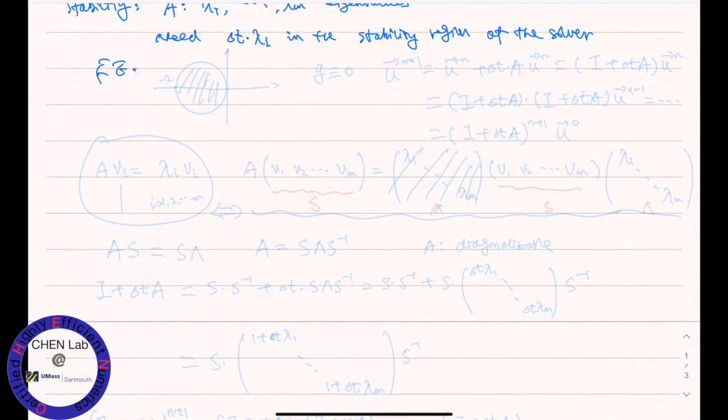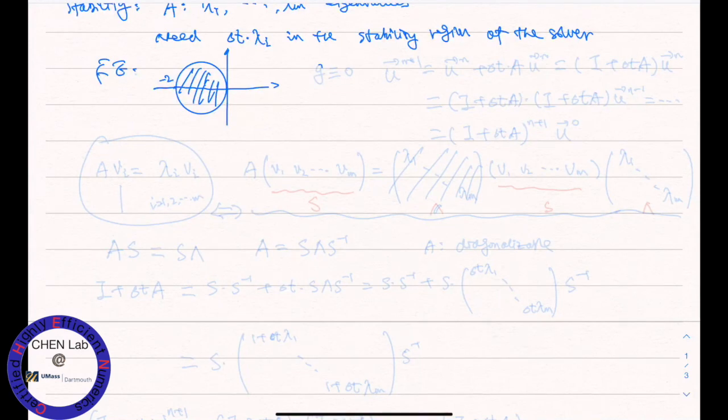We can do a better job plotting that. So here is -2. That's the stability region for forward Euler. Let's take a look at why that's still true. That's the same as we concluded before.